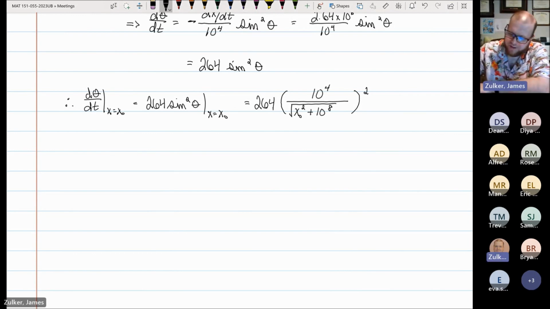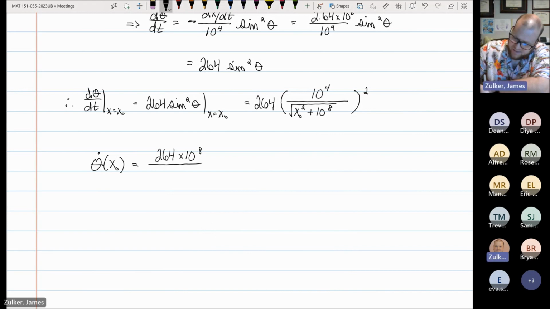And that whole thing gets squared. So what we wind up with is 264 times 10 to the 8th over x naught squared plus 10 to the 8th.